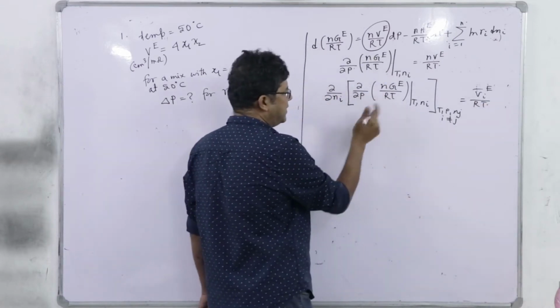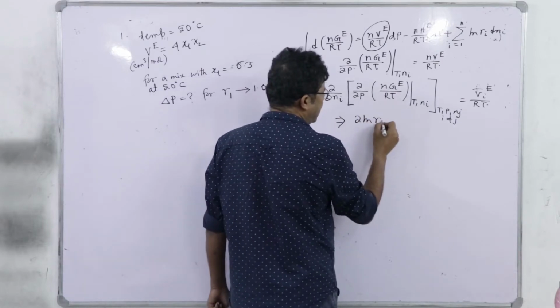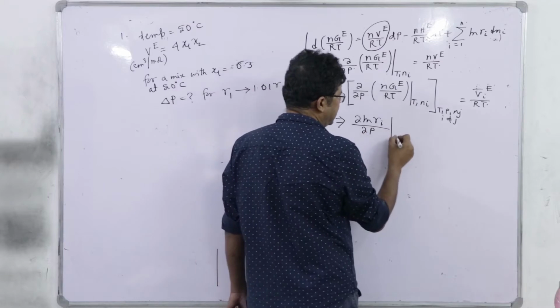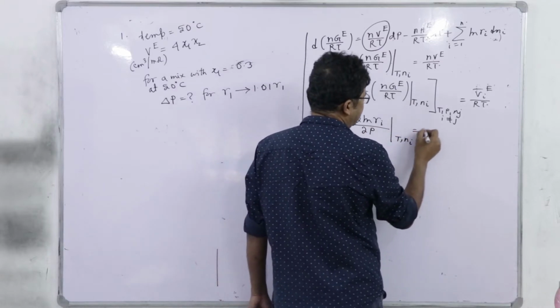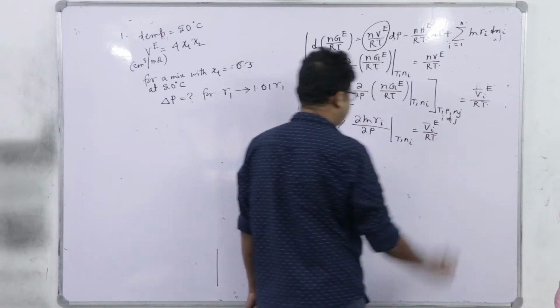Now, if I interchange the order of the derivative, we have our working equation to solve this problem: del ln gamma i del P at T and x is equal to V i bar E divided by RT.